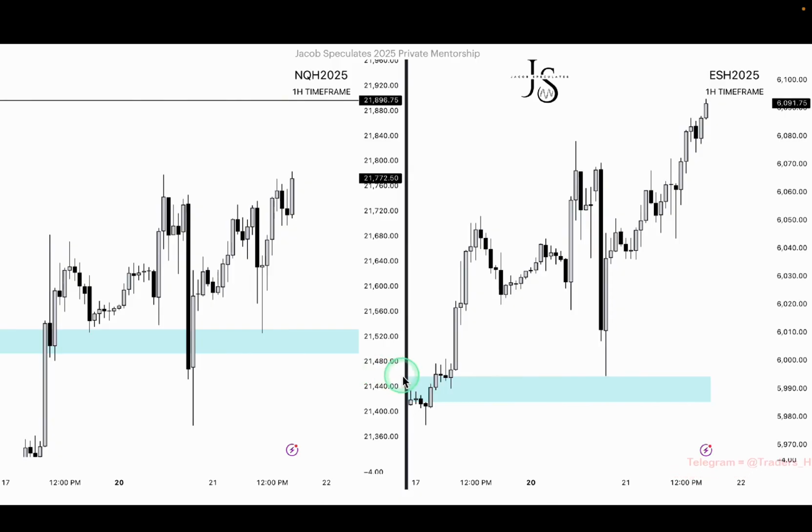So that gap was the first new week opening gap of the month. And as you can see, the NASDAQ traded through that gap, but the S&P failed to trade through that gap. And NASDAQ is still the weakest out of the S&P and the Dow, so that is why it traded through that gap. So this right here is another form of crack in correlation.